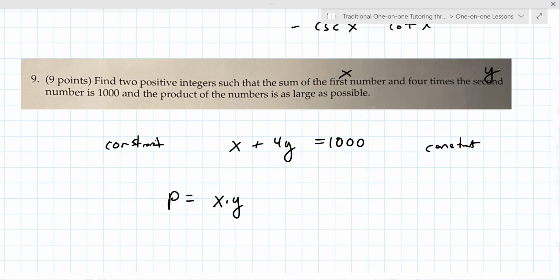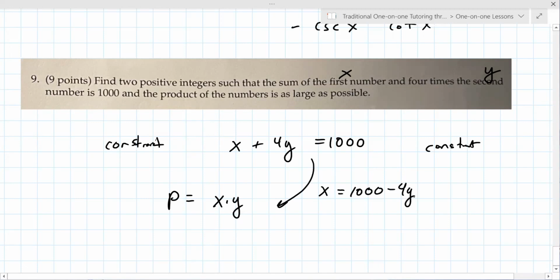So on rare occasions, you almost always solve for y, and this time I'm going to solve for x. X equals 1,000 minus 4y. If you solve for y, you end up having to deal with some fractions and a few other things. This will ultimately end up being easier.